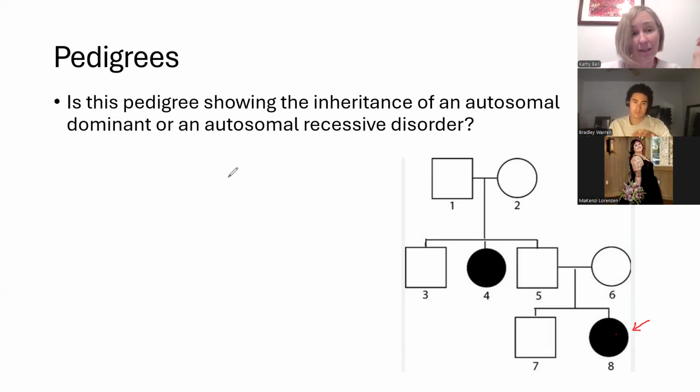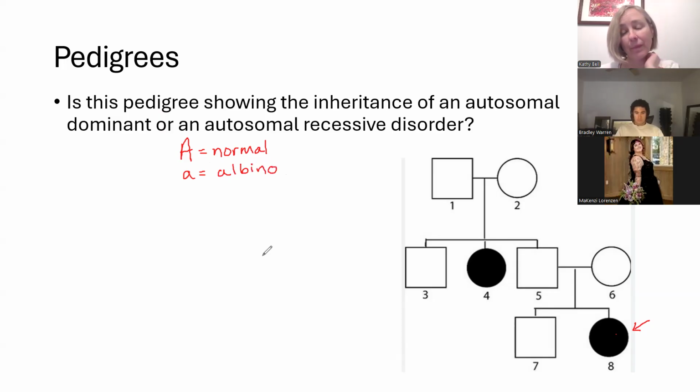Okay, so let's just do a pedigree of an example of an autosomal recessive disorder. So let's do albinism. So big A means you're normal, and little a means you're an albino. Okay, so let's figure out what the possible genotypes of these parents must have been to get an albino child.